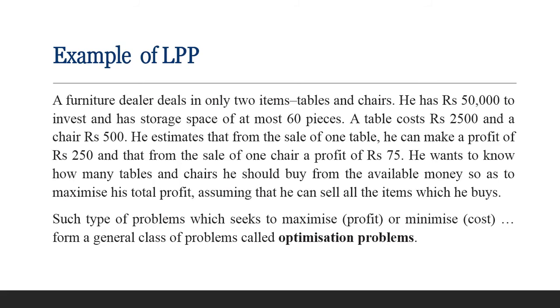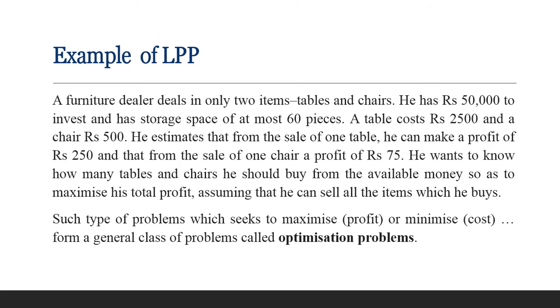Now you are a manager or a decision maker. The furniture dealer wants a decision from you on how many tables and chairs he should buy from the available money so as to maximize his total profit, assuming that he can sell all the items which he buys.